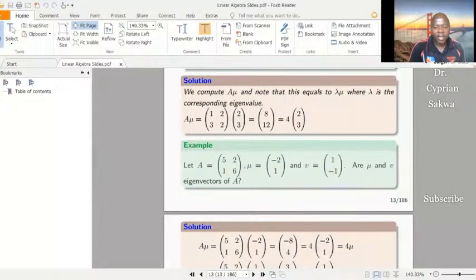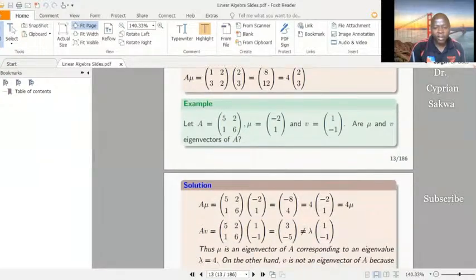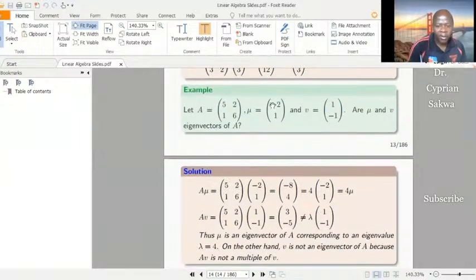The reasoning is the same as above: multiply each of these vectors with the matrix. I began with mu, matrix A times mu. I found this, and towards the end I discovered that I could factorize it, so I have 4 mu. So this first one means, therefore, that mu here is an eigenvector, and the corresponding eigenvalue is 4.